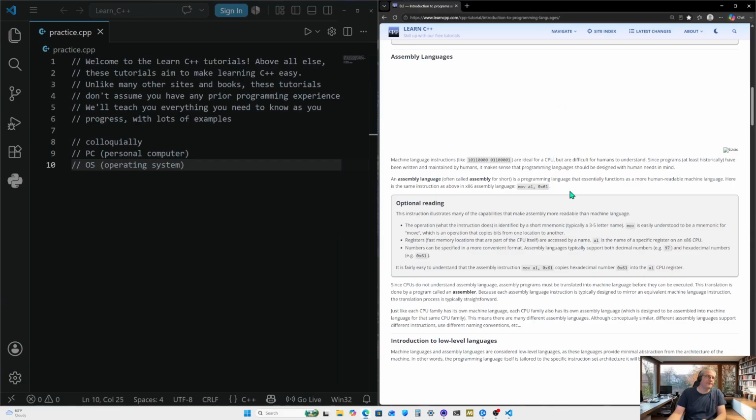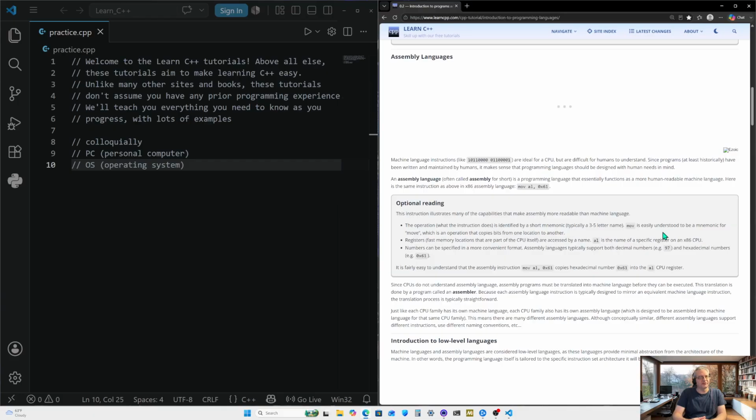So, optional reading right here. This instruction illustrates many of the capabilities that make assembly more readable than machine language. The operation, what the instruction does, is identified by a short mnemonic, typically a 3 to 5 letter name. Move is easily understood to be a mnemonic for move.